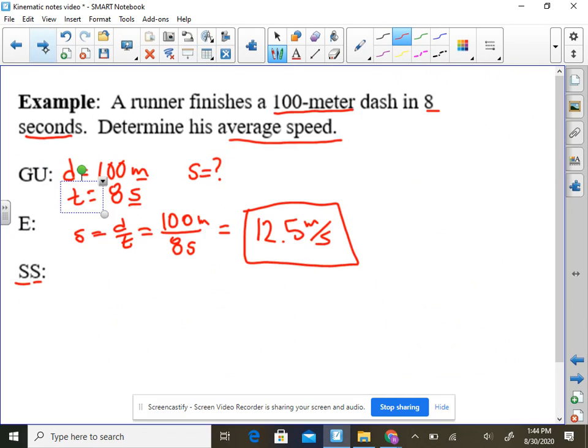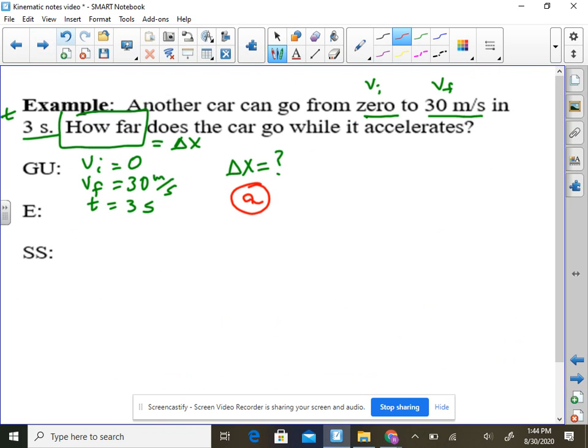So going back to that problem, say displacement is 1/2 the initial plus the final velocity times the time. It's already solved for the displacement, so we can go ahead and just substitute in our numbers.